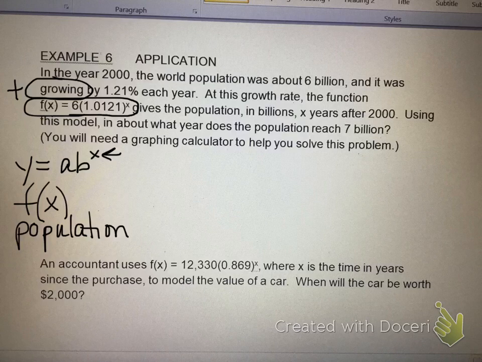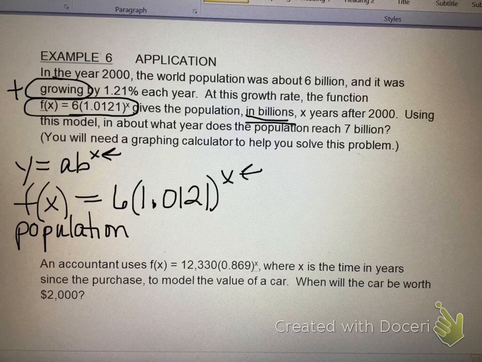So there's a difference, because they tell you what the increment is, what the unit is that you're measuring. The x in our problem is measuring years after the year 2000. So I'm going to rewrite this original problem and mark x is the number of years after 2000. That's what the problem tells us.